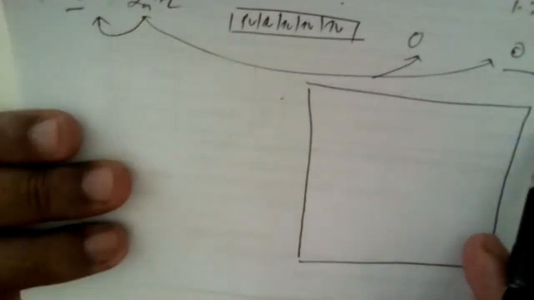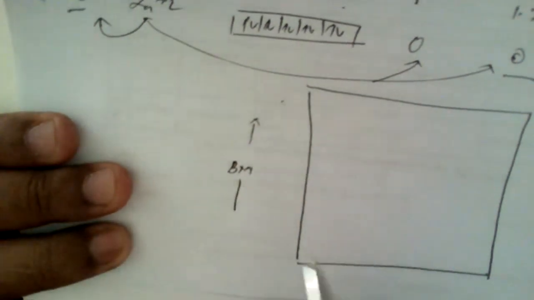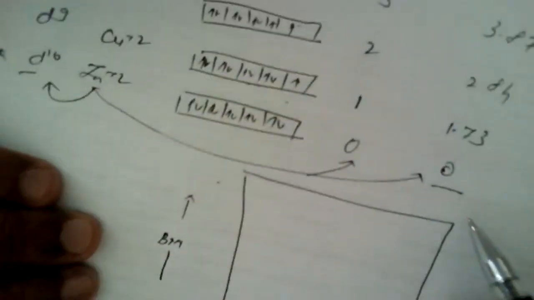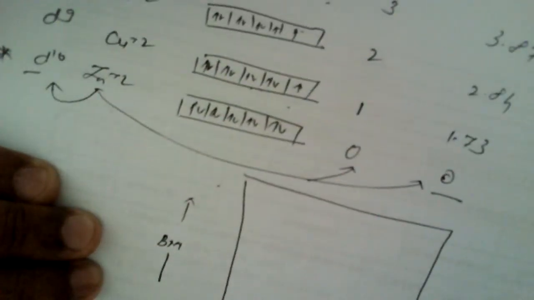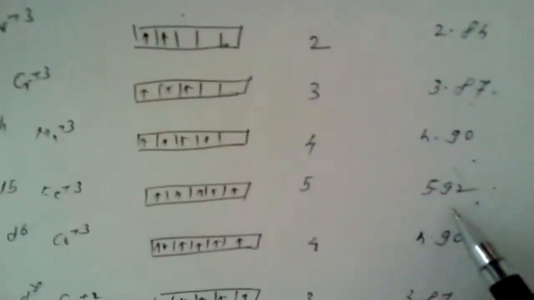So you have to draw this graph: the magnetic moment in Bohr magnetons against d orbital configuration, against the total number of unpaired electrons. The maximum magnetic moment shown by these elements is 5.92, nearly equal to 6.